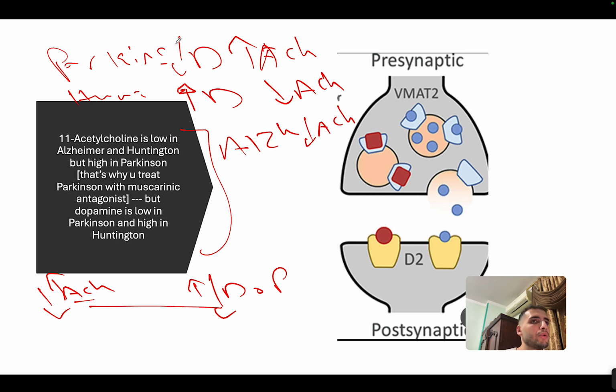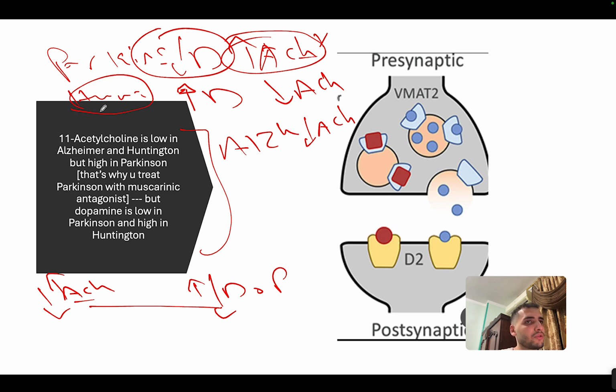That's why we would treat Parkinsonism with dopaminergic drugs or with muscarinic antagonists to decrease acetylcholine. And that's also why we treat Huntington with a drug that will inhibit dopamine secretion, because there is a lot of dopamine. This drug is called a VMAT inhibitor.